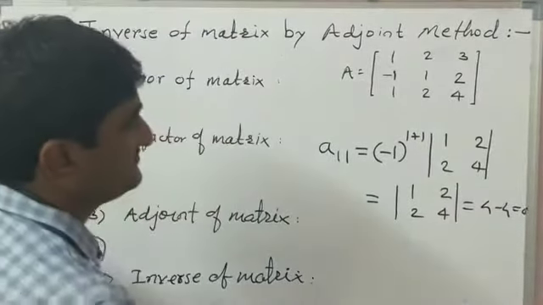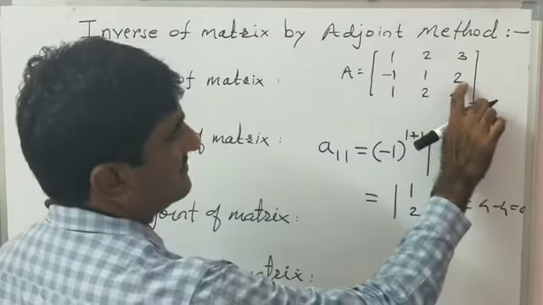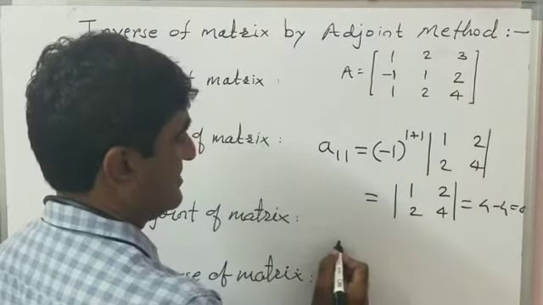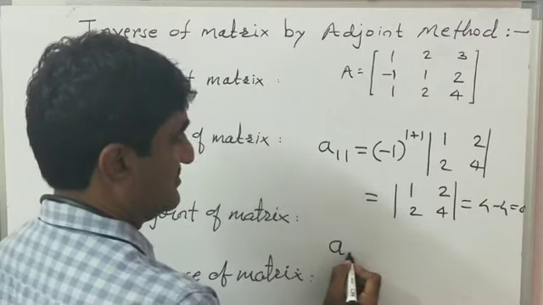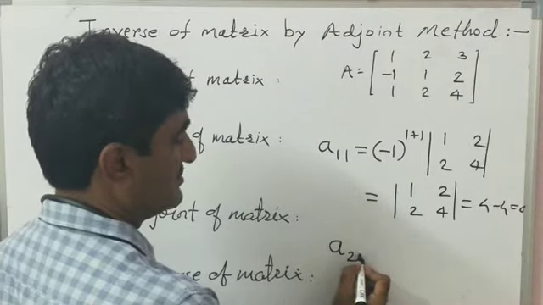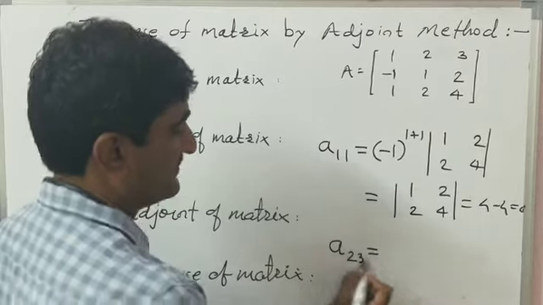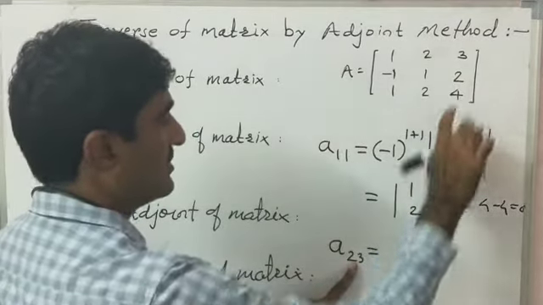Consider a second element. This element is in the second row, third column.